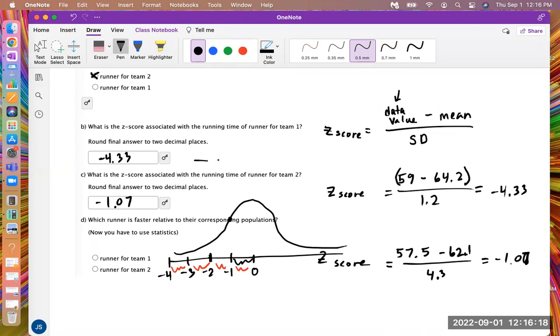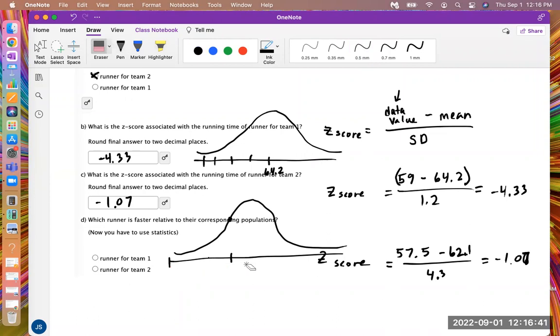One for team 1, whose mean was 64.2 with a standard deviation of 1.2. And then the mean of the second one was 62, with a standard deviation of 4.